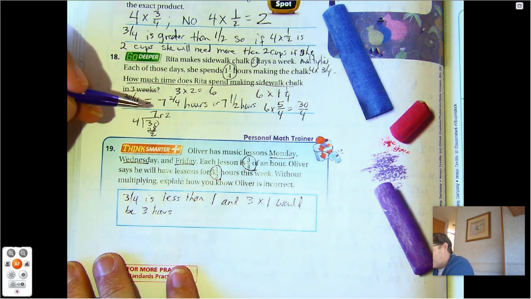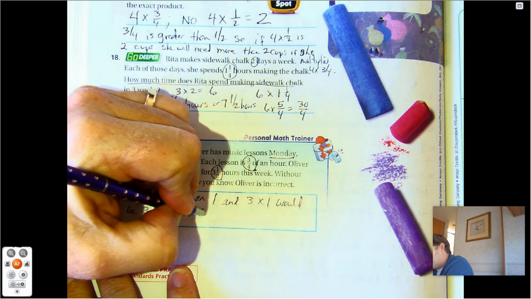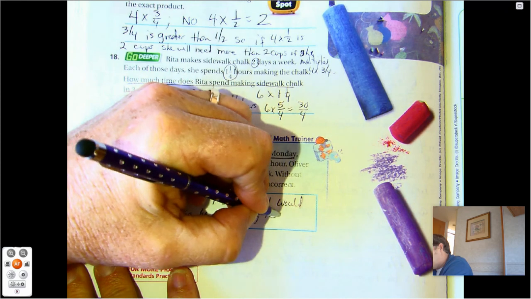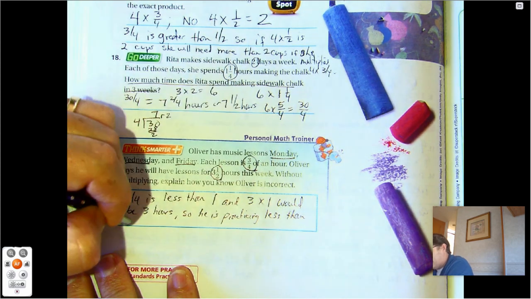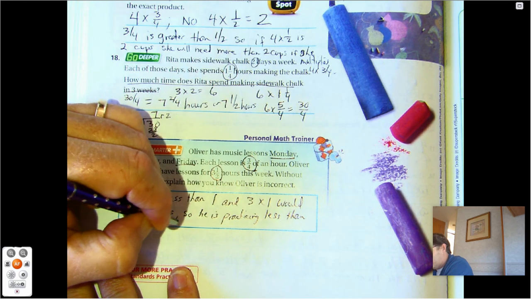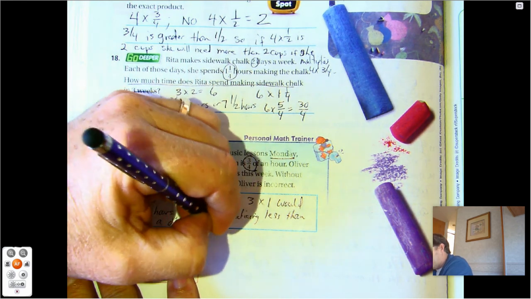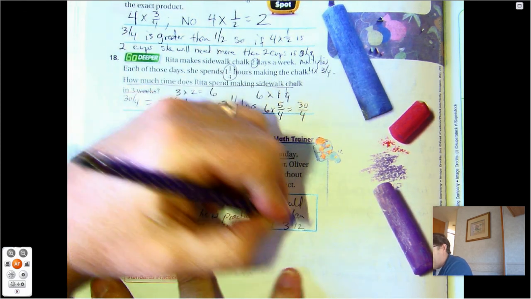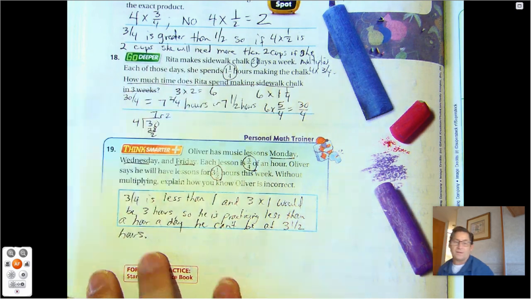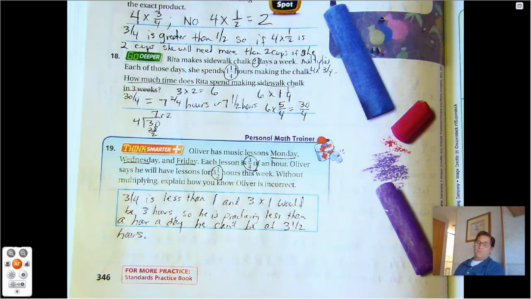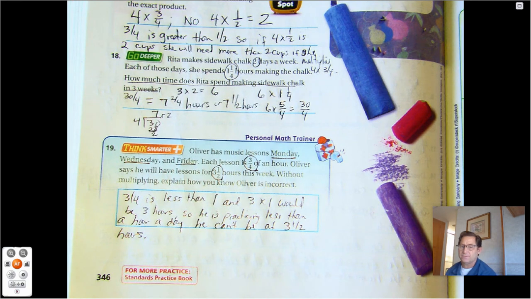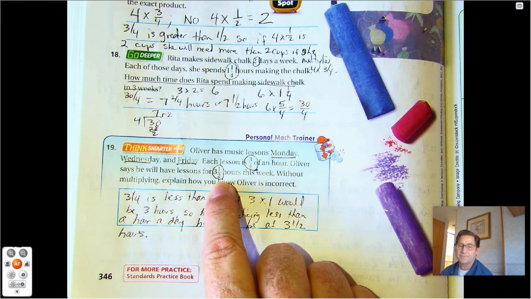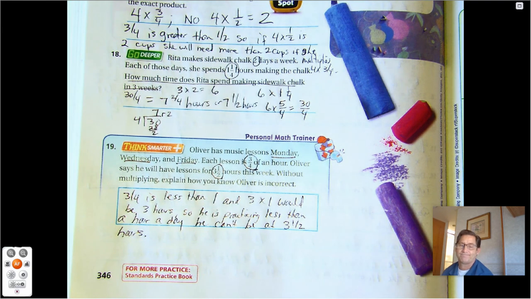So he is practicing less than an hour a day, so he can't be at 3.5 hours. 3/4 is less than 1. If 3 times 1 is 3, there's no way he can be at 3.5 in a 3-day period. It's just not possible.